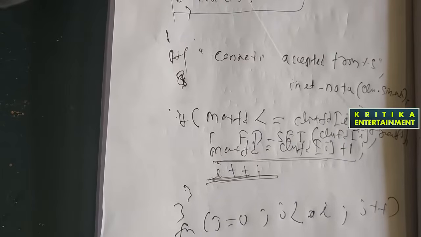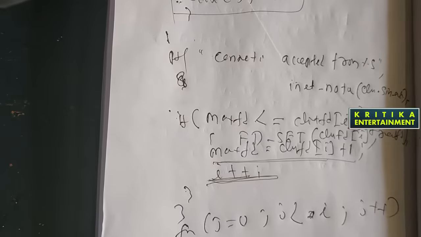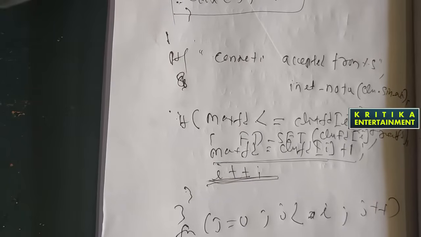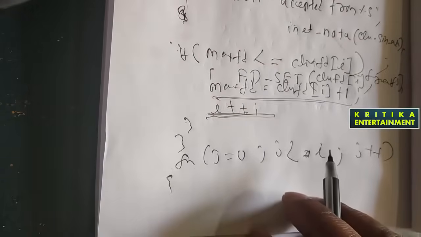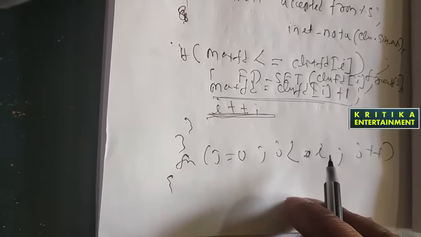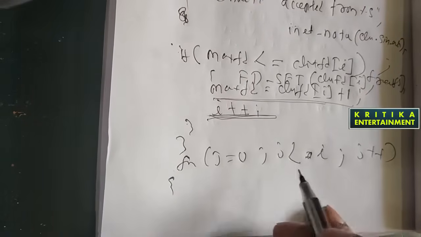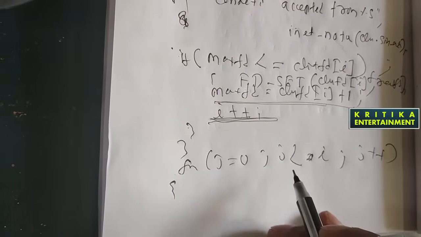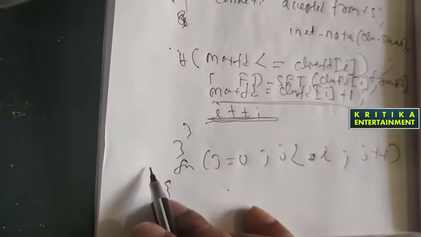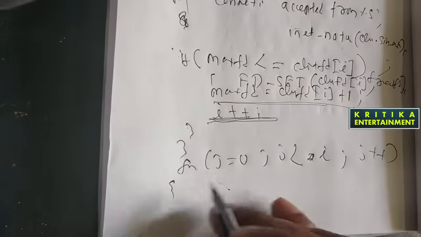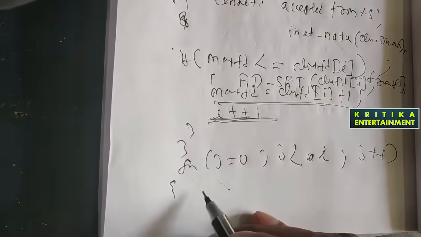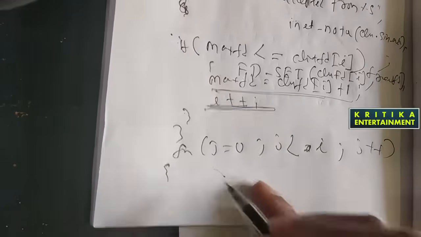So next, what will we do here? j is equal to 0. Then j less than i, j plus plus. So here what do we check? Whether the client connection has data to read. So what will we write here?